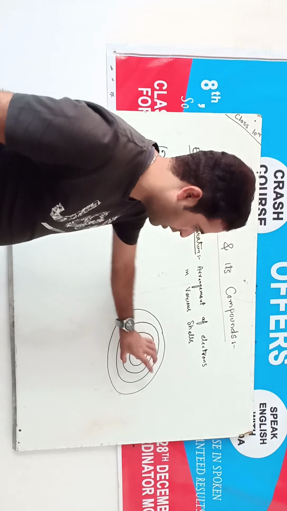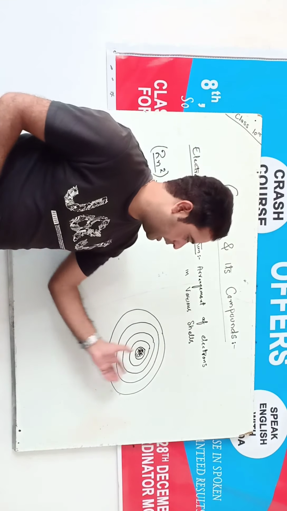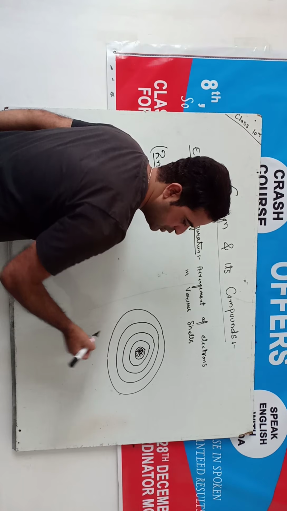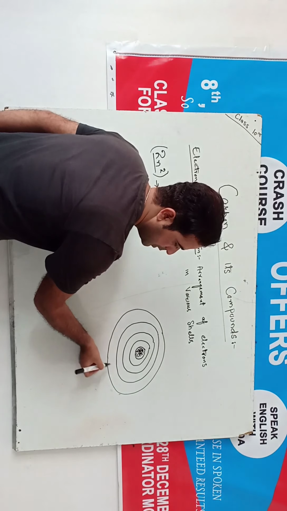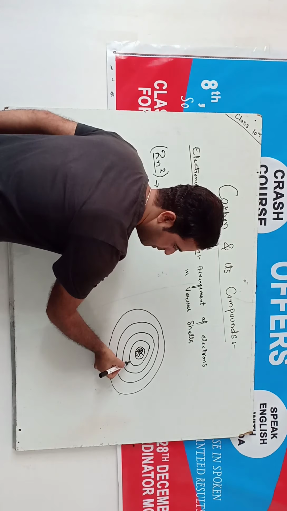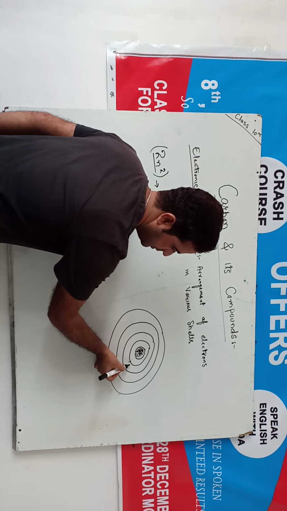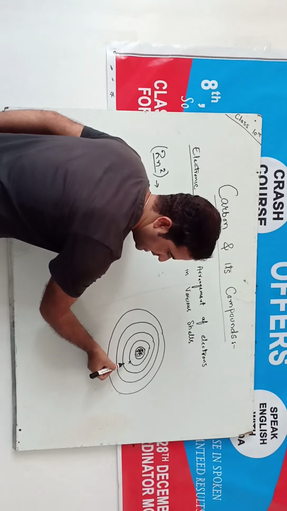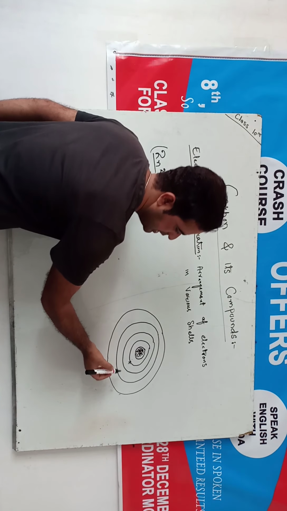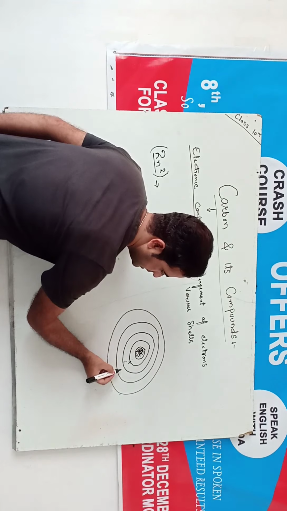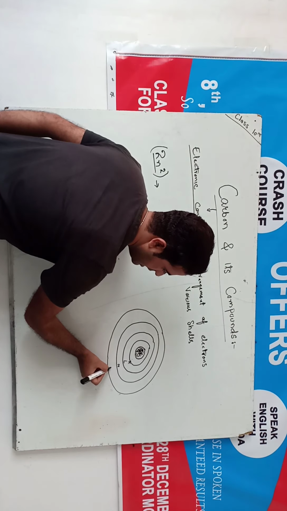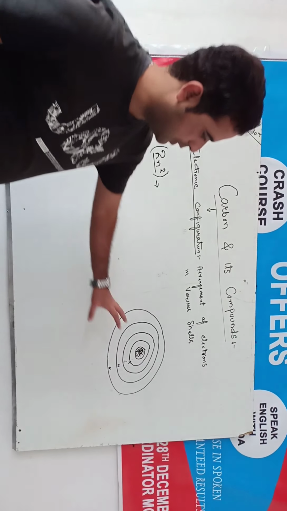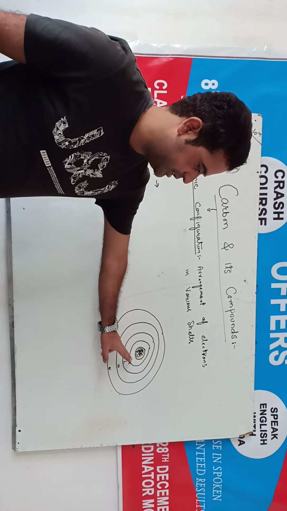And these circular or elliptical paths are called the shells. The first shell, which is closer to the nucleus, is referred to as K shell. After that, the second shell is L shell. This is referred to as M shell, and this is referred to as N shell, and so on. These are the different names of different shells.